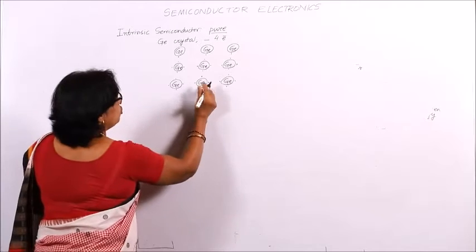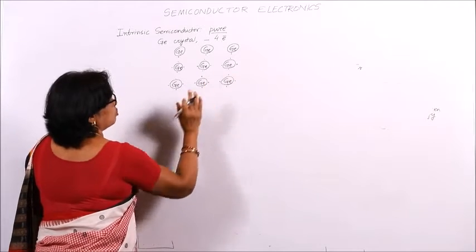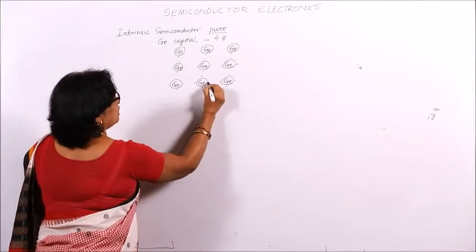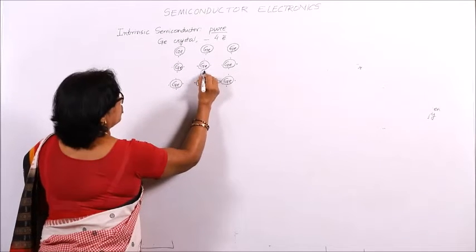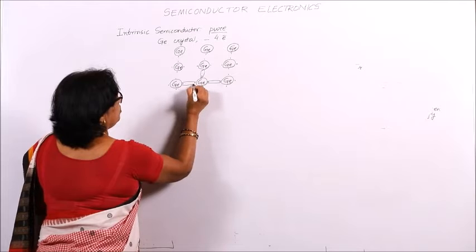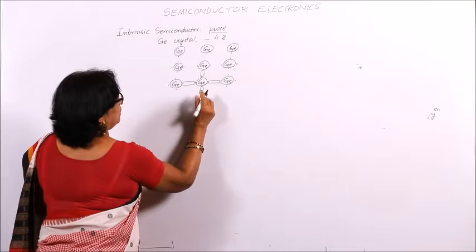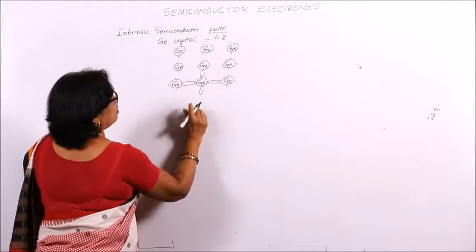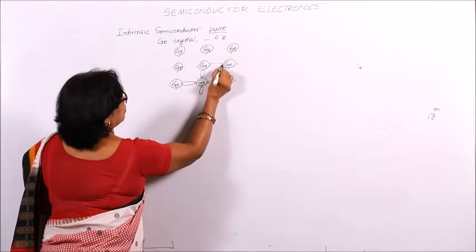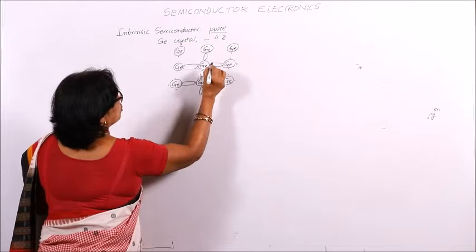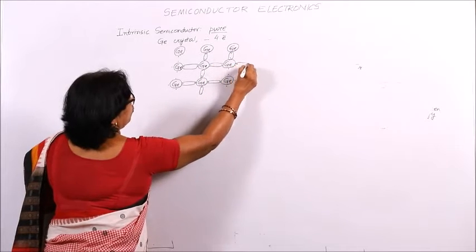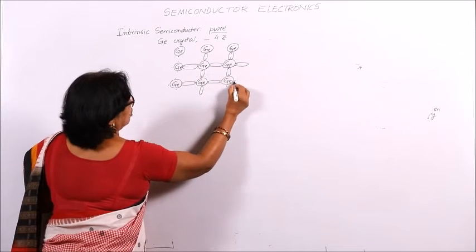Each of them has 4 electrons, so they can form a covalent bond between the nearest germanium atoms, so that there will be 8 electrons. This central one has formed 4 covalent bonds with the neighboring germanium atoms.